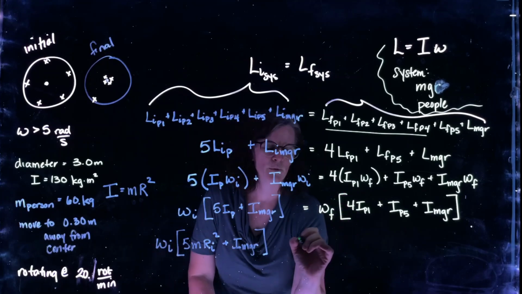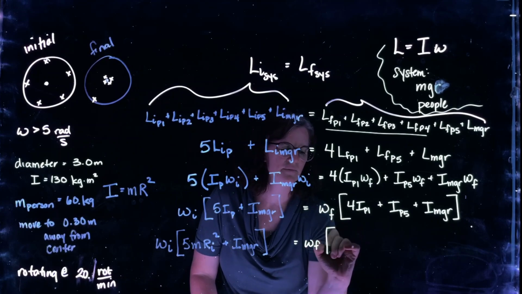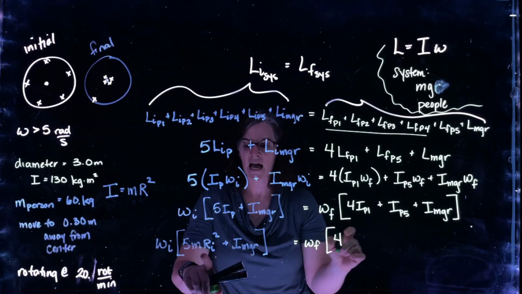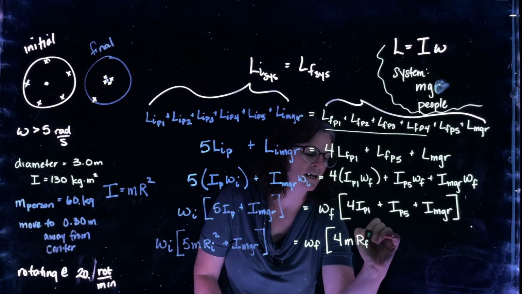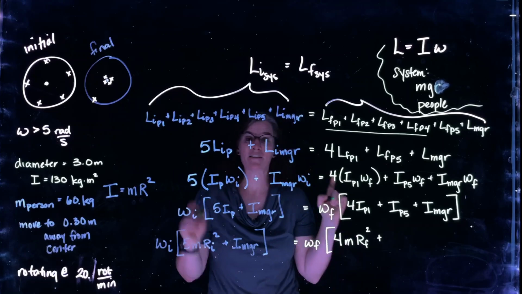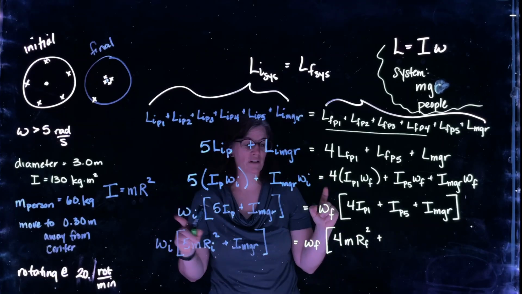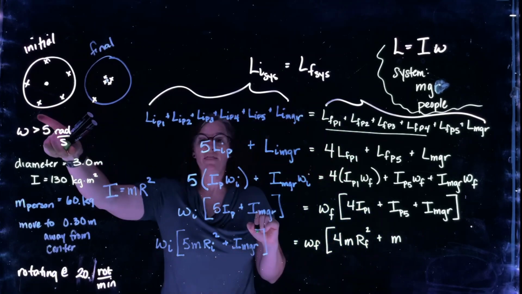That has to equal our final angular speed, 4 times the mass times the final radius squared, plus, now I have a different moment of inertia for person 5. They have the same mass, but they're at that original radius.